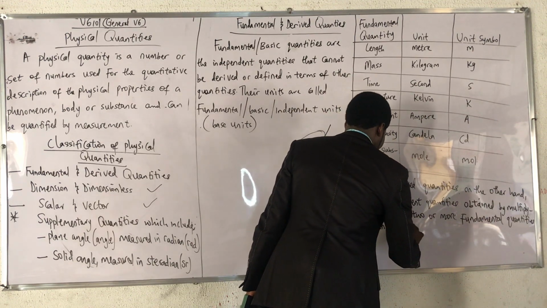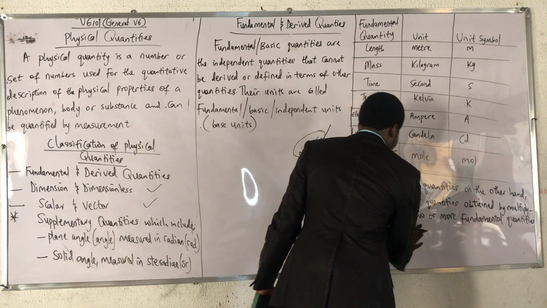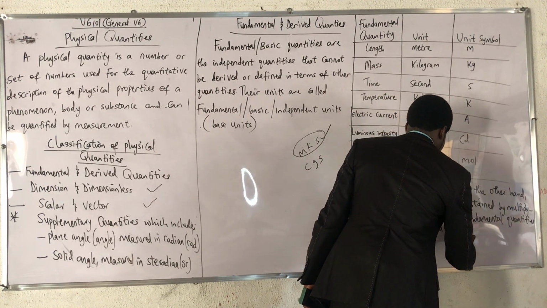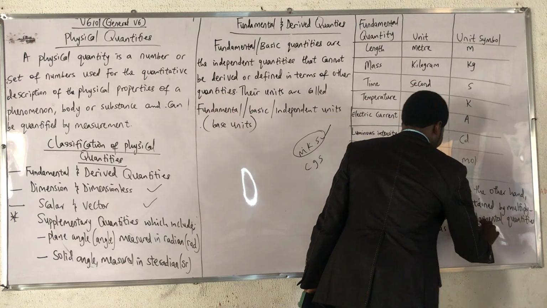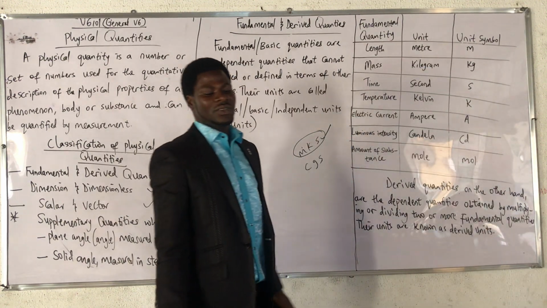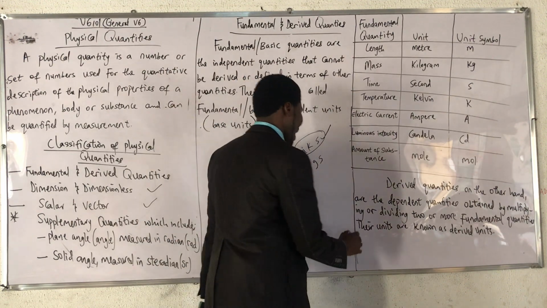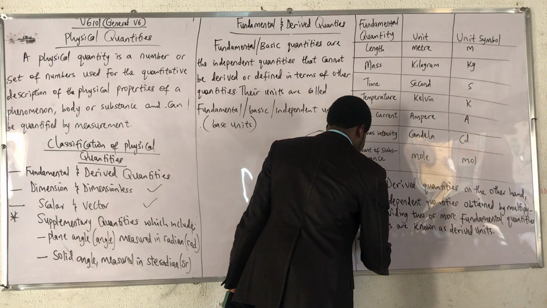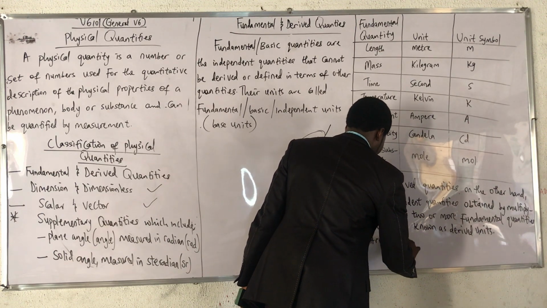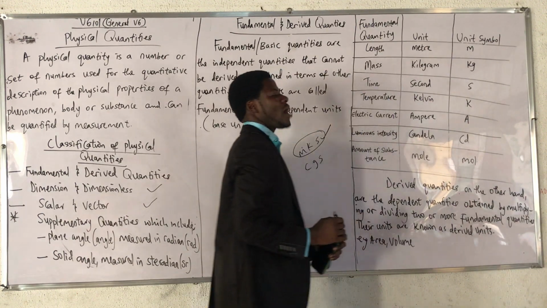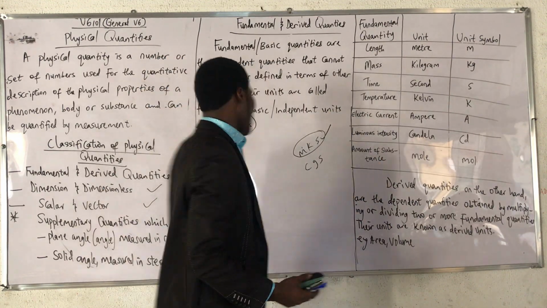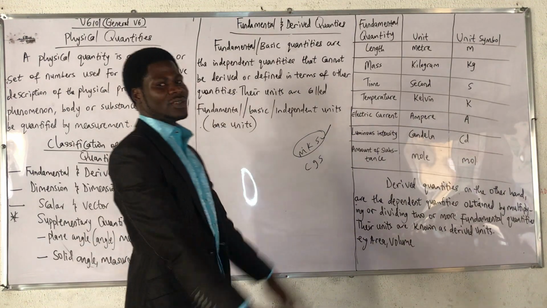Their units also are known as derived units. So, examples of derived quantities are area, volume. In fact, all other quantities you can think of, apart from these 7 here, they are all derived quantities.